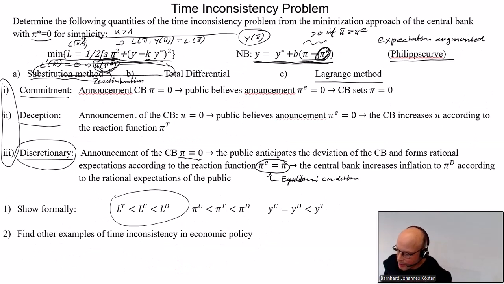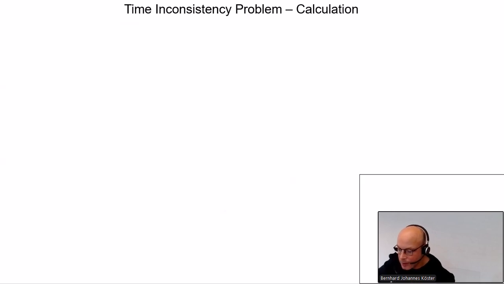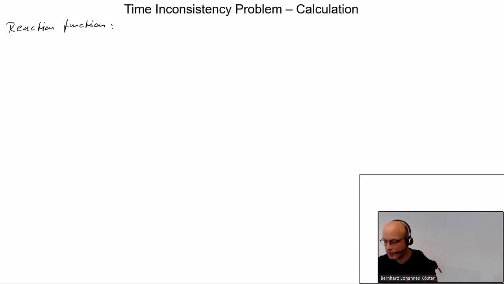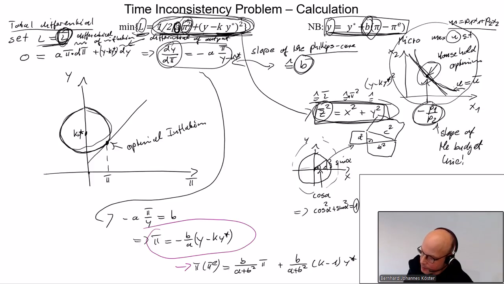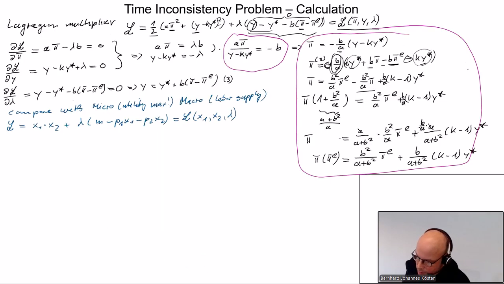And now we want to calculate also the commitment case, deception case, and discretionary case. So we now need our reaction function. And where do I have it? Here it is.